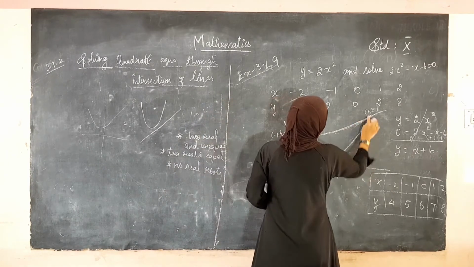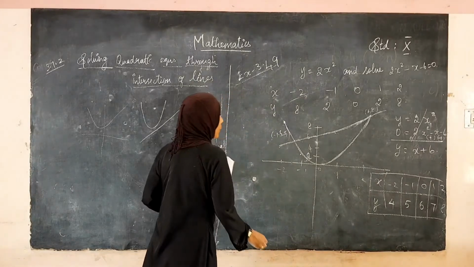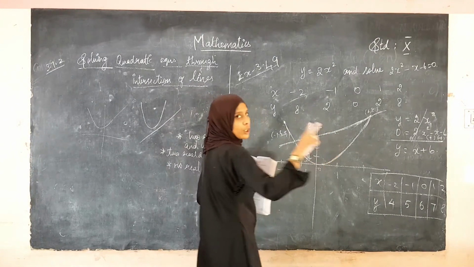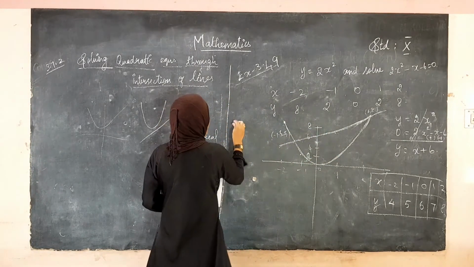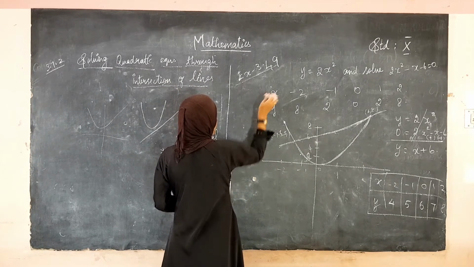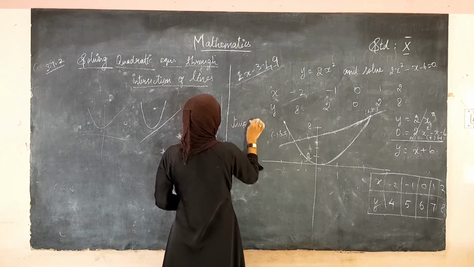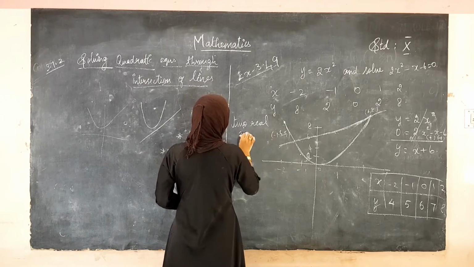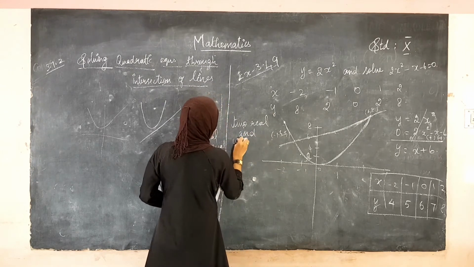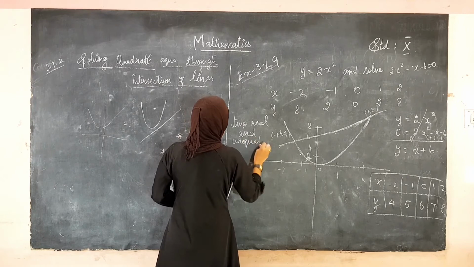So the line touches the graph at 2 different points. Therefore, the set of equations has 2 real and unequal roots.